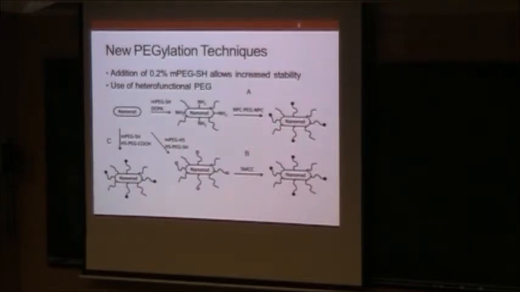So for all of these methods, A, B, and C, we inserted another step. We added this MPEG-SH, where the thiol group reacts with the nanorod, and so this is just a PEG strand. And then this stabilizes the nanorod, and then we add additional bifunctional or heterofunctional PEGs to create a more thorough pegylation process with the end parts still reactive to C225.